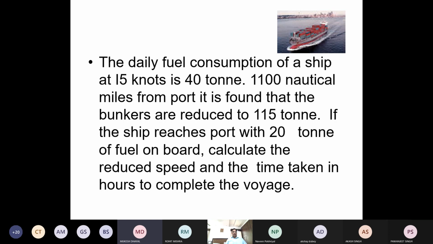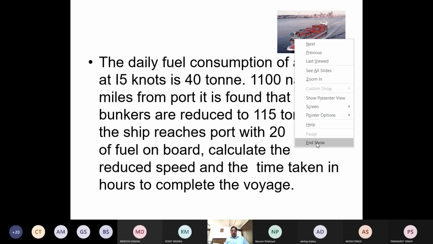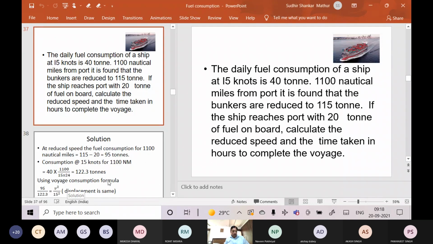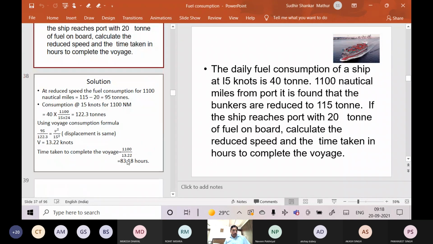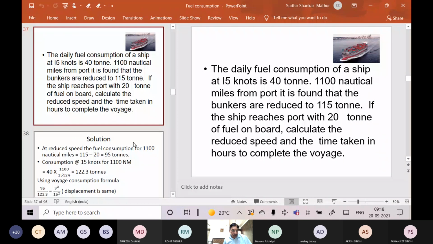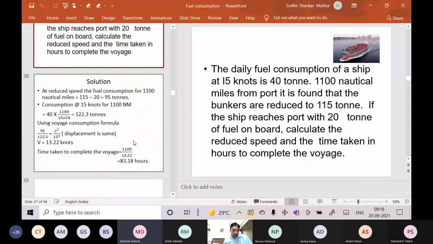Sir, reduced speed is coming 13.22 knots and time is coming 83 hours 20 minutes. Okay, just a second, please. Reduced speed, how much did you get? 13.2.